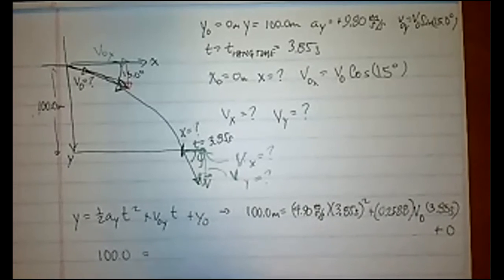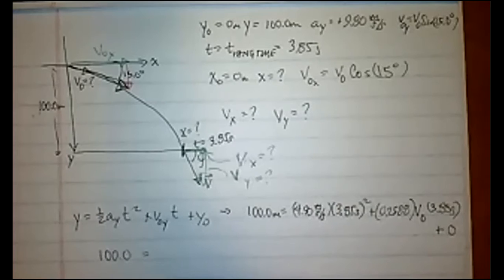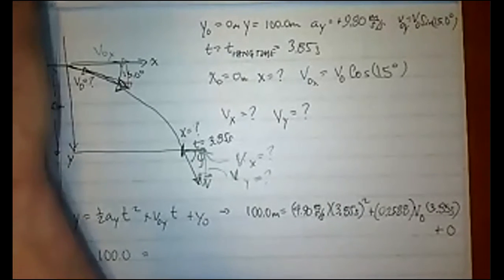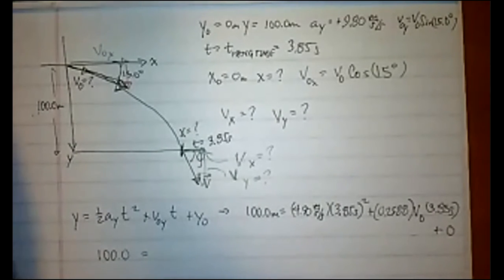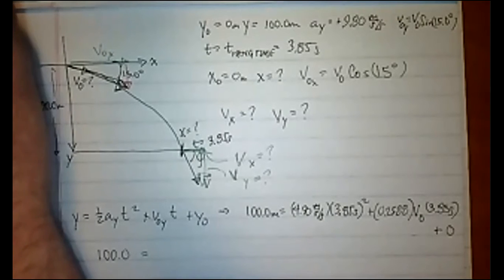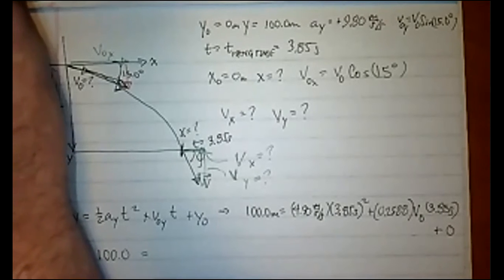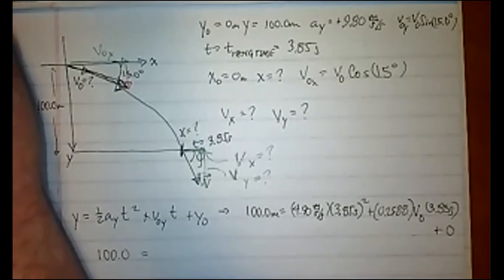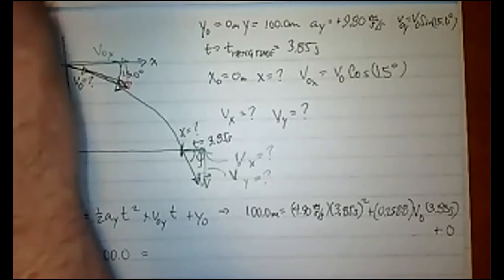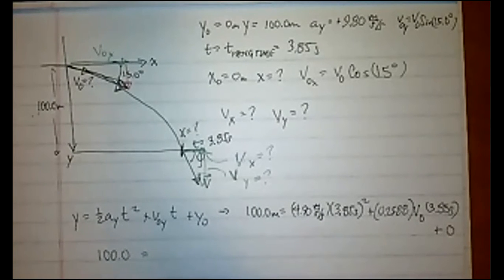So when I multiply all this, I get 4.90 times, or excuse me, 3.85 times 3.85. So I did that. 4.9, remember, comes from 1/2 of 9.8. So I could do 0.5 times 9.8 times 3.85 squared. And when I get that, I get 72.63, carrying 1 extra sig fig.